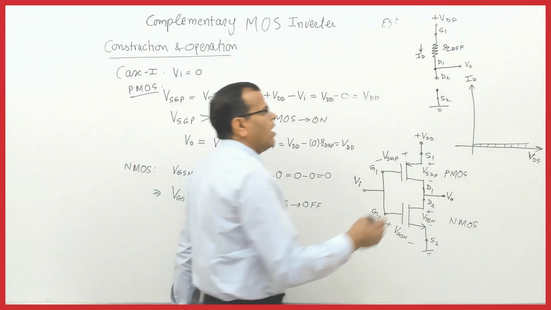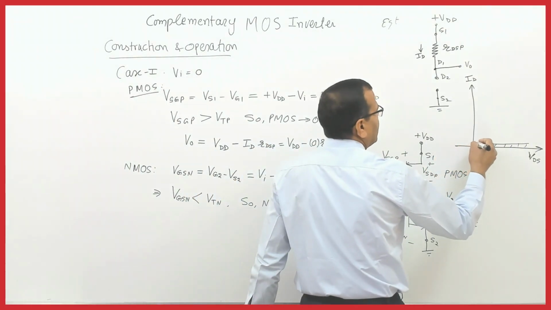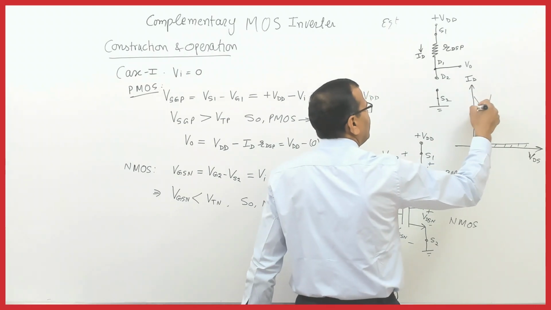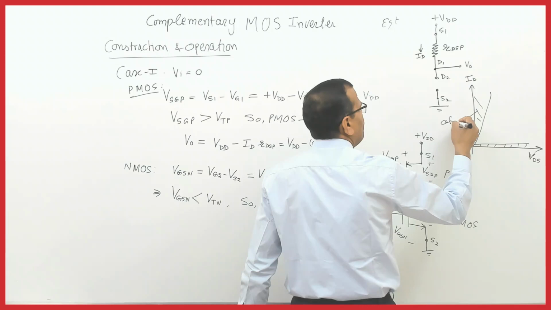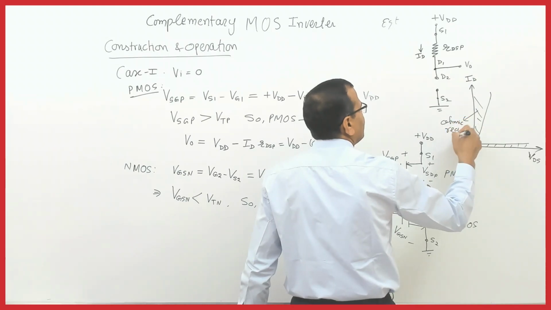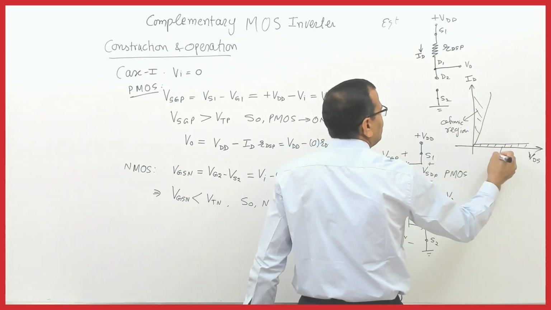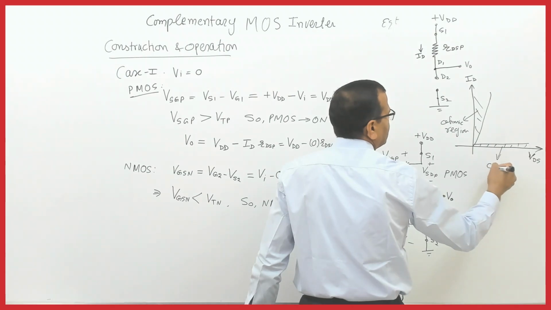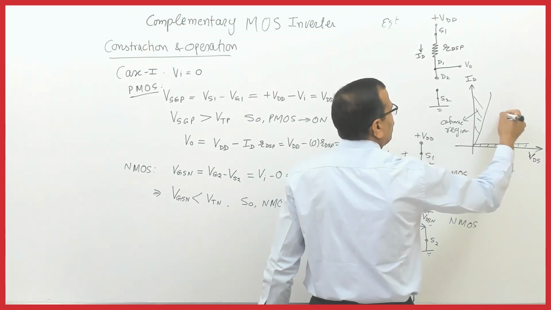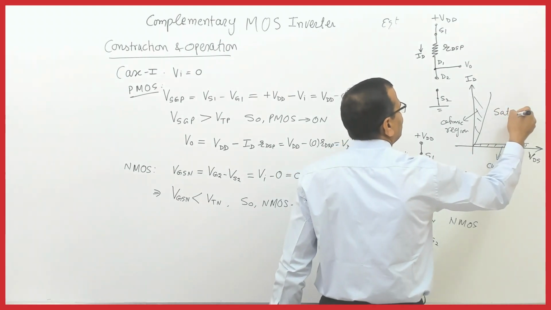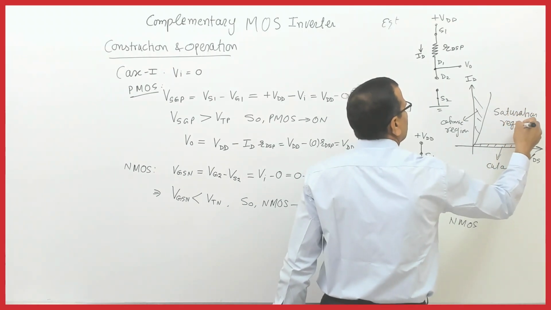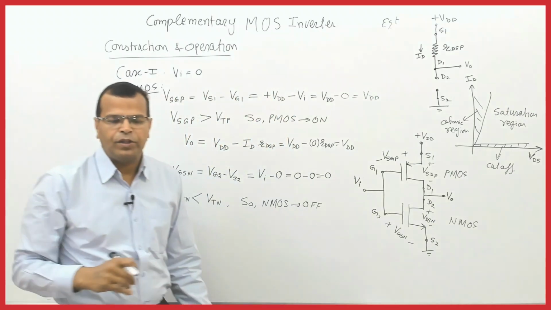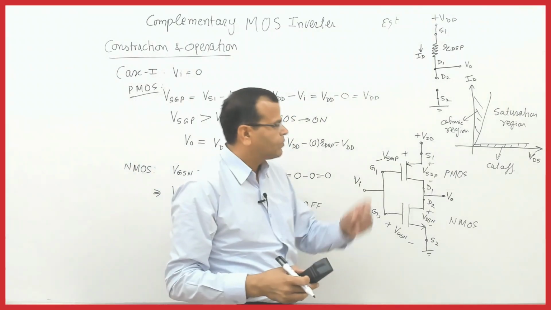Fine. We have another region of operation. If you remember, this is the ohmic region. If you have gone through MOSFETs, this is the cutoff region. And this is the saturation region. Fine. So we have the 3 regions of operation of MOSFETs.